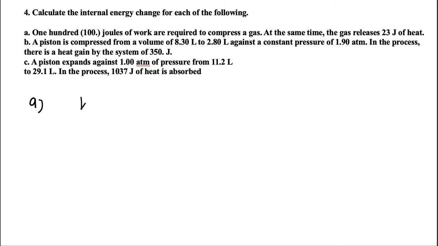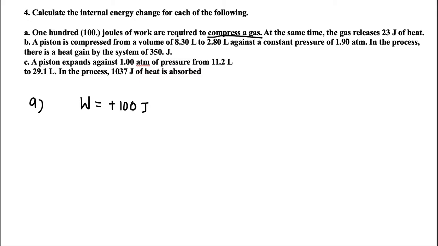So work required means performing work on the system to compress. So this is a catch point. The surroundings are doing the work on the system so that the system, which is the gas, undergoes compression. Therefore it is a positive term.